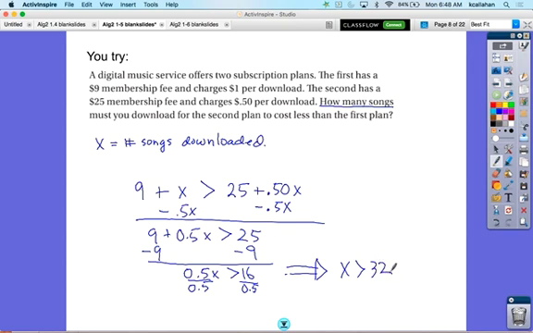So translated back into the context of the problem, you need to download more than 32 songs to make the second one a better deal for you. Okay, if you do less than 32, then you're probably better off with the first.